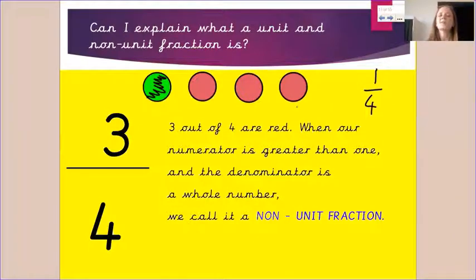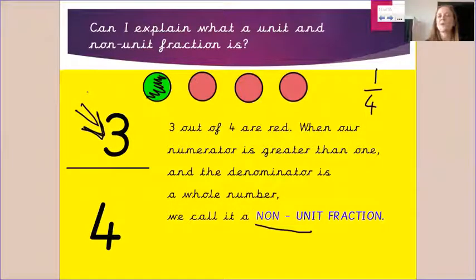When our numerator is greater than 1 and the denominator is a whole number, we call this a non-unit fraction. So say that with me, non-unit fraction. Non-unit fraction. So again, a non-unit fraction is a fraction when the numerator, which is the number at the top, is greater than 1.